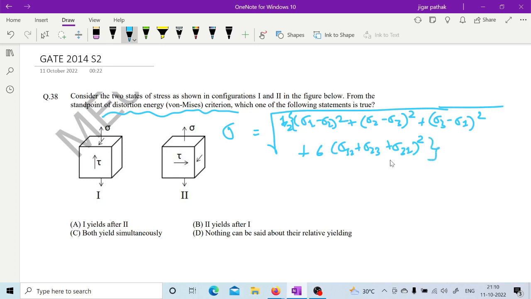So the sigma 12, sigma 23 and sigma 31 are tau xy, tau yz and tau xz, right? So with this equation you can calculate the resultant stress in both the cases.